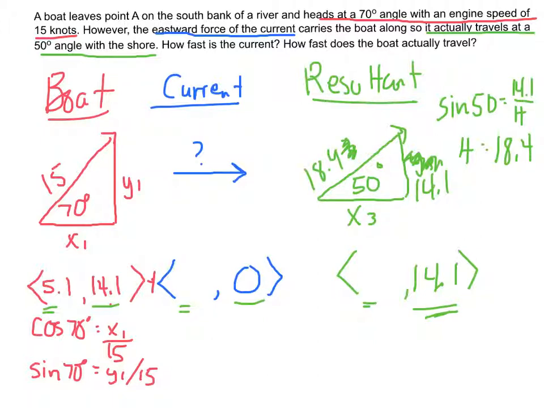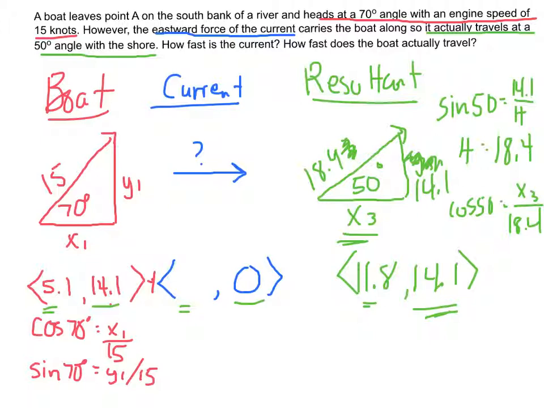Now that I have that, I can figure out my x3 side. So I'm going to do cosine of 50 equals x3 over 18.4. I type that in, and I get 11.8. So it asks me how fast is the current.